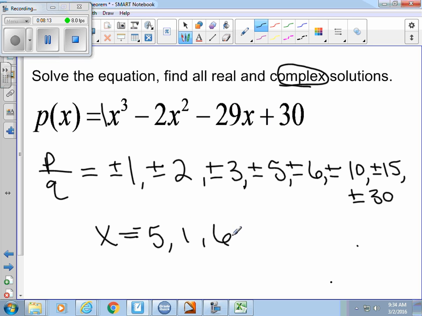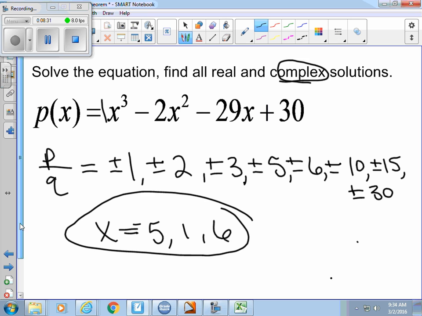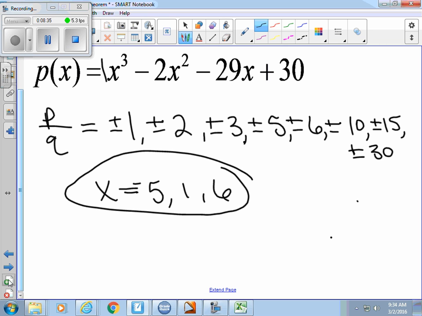1 and +6. Okay, if I find 3, I quit because that's as many as I can have. If there are 3 rational roots, this is the easiest problem I could probably give you. I found them. I'm done. Okay, any questions about that one? Now, I didn't know that this was going to be an easy one when I started the problem.